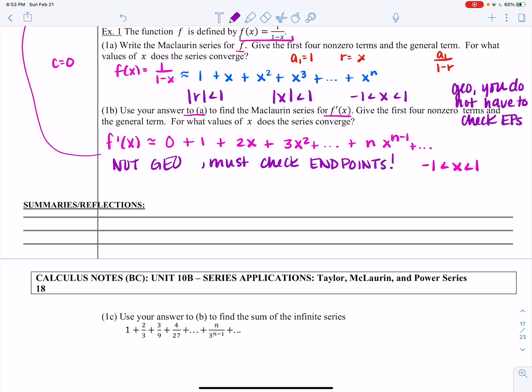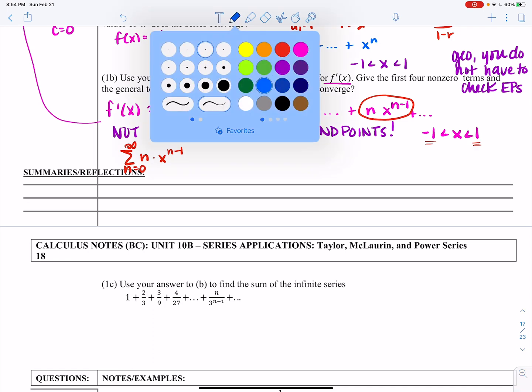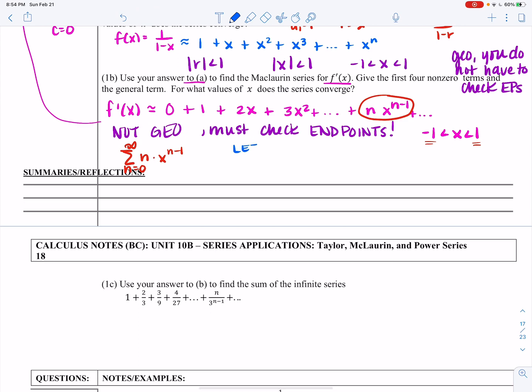How are we going to do that? Well, we have a formula. Look at your formula here. That means that my series is the series from n equals 0 to infinity of n times x to the n minus 1. And so what we're going to do is plug in our endpoints of -1 and 1. So let's start by letting x equal 1.